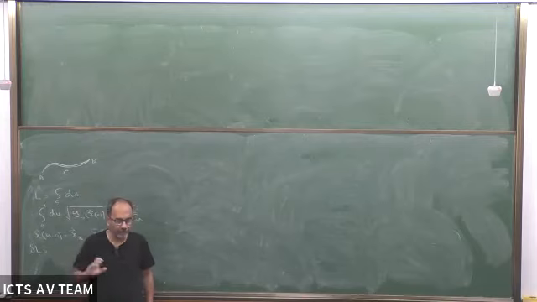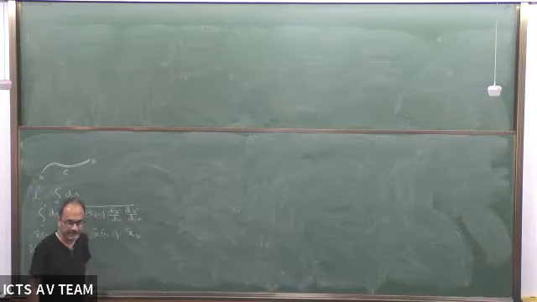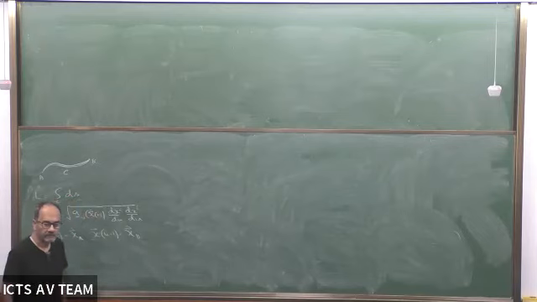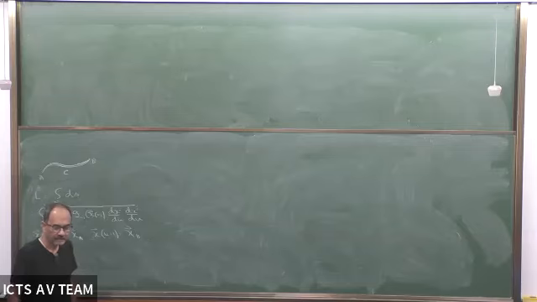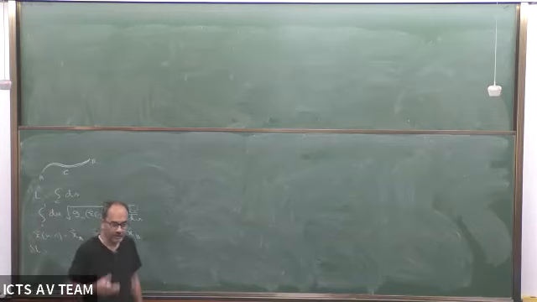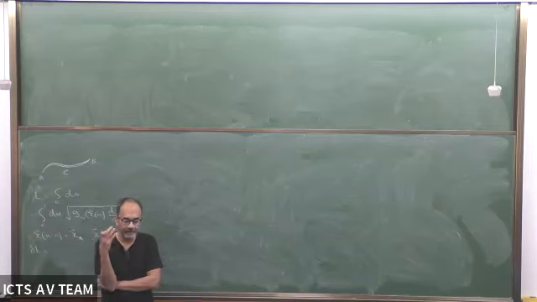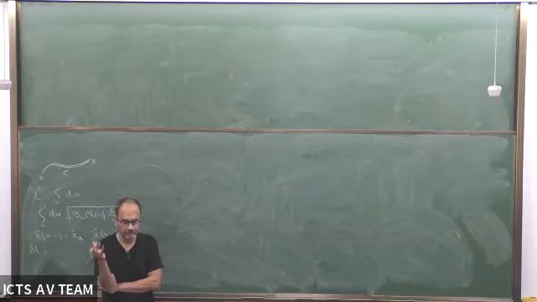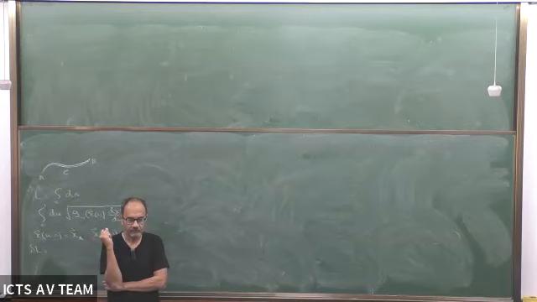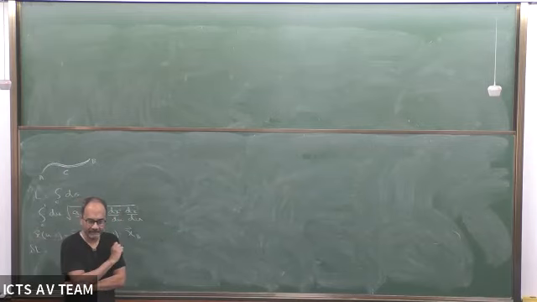So that's why we allow both maximum and minimum. We don't demand that it's a minimum necessarily. As long as it extremizes, that's good enough. We will not require that the secondary variation is positive.